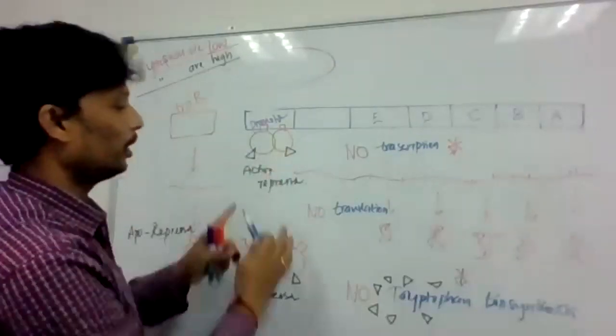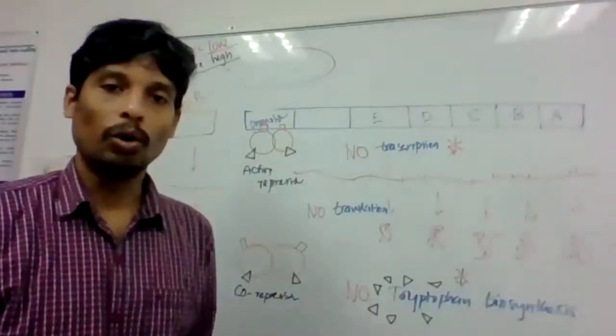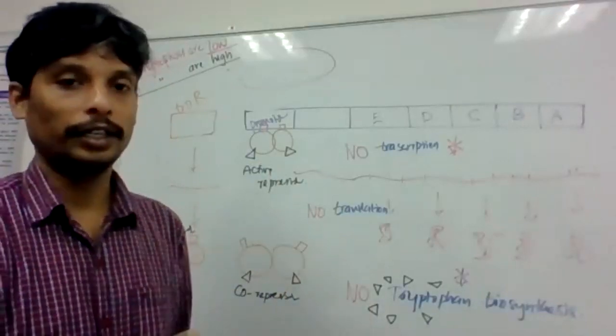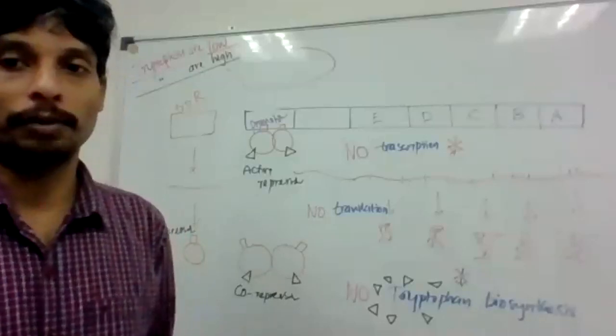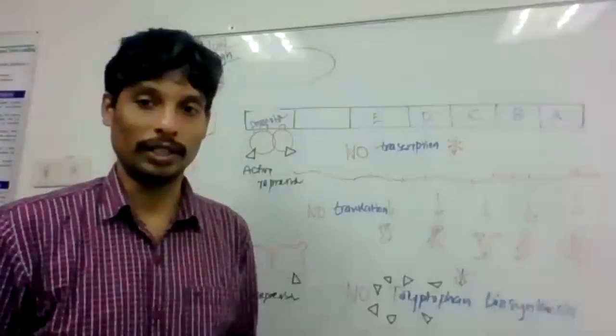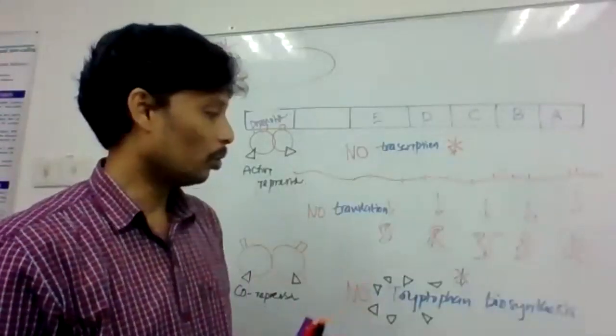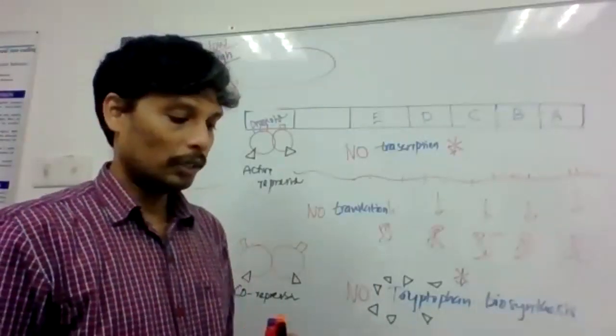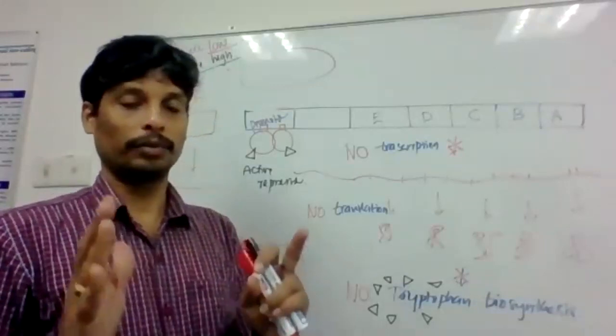So then it will lead to no transcription of the tryptophan operon, then no translation of the tryptophan synthesizing enzymes. So there will be no synthesis of tryptophan. So that is one kind of regulation.